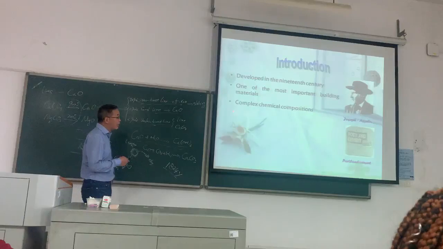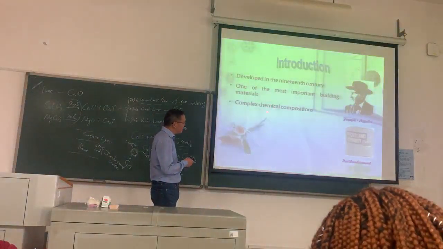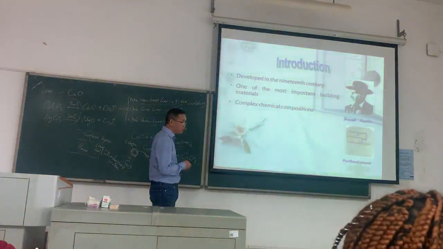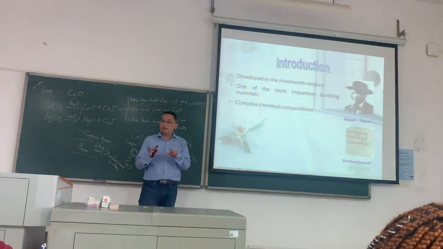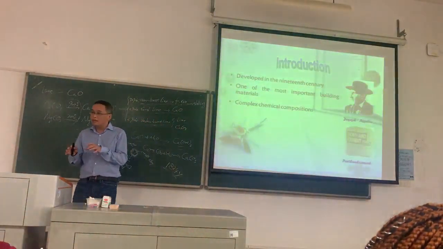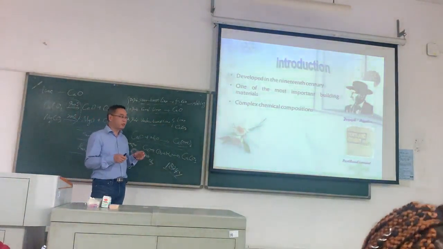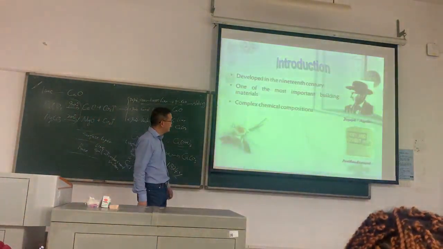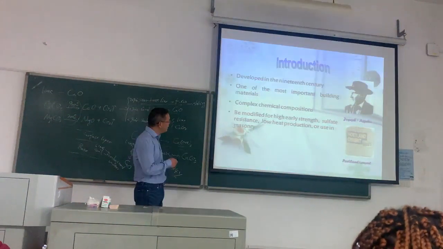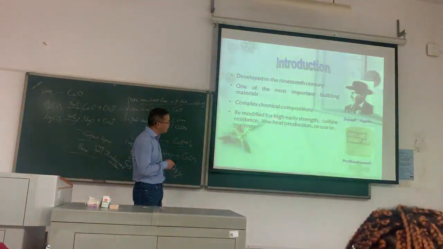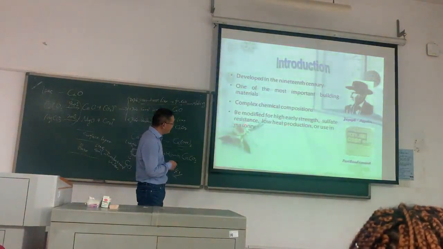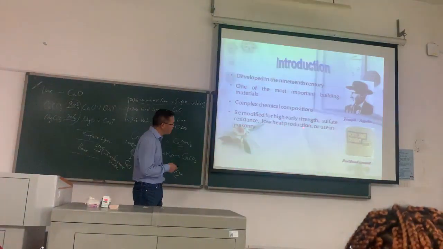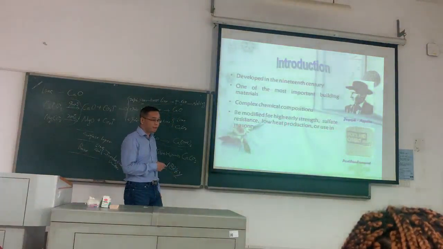And it has a complex chemical composition. There are a lot of chemical compounds in the cement. And it is modified for high early strength, surface resistance, low heat production, or use in machinery.